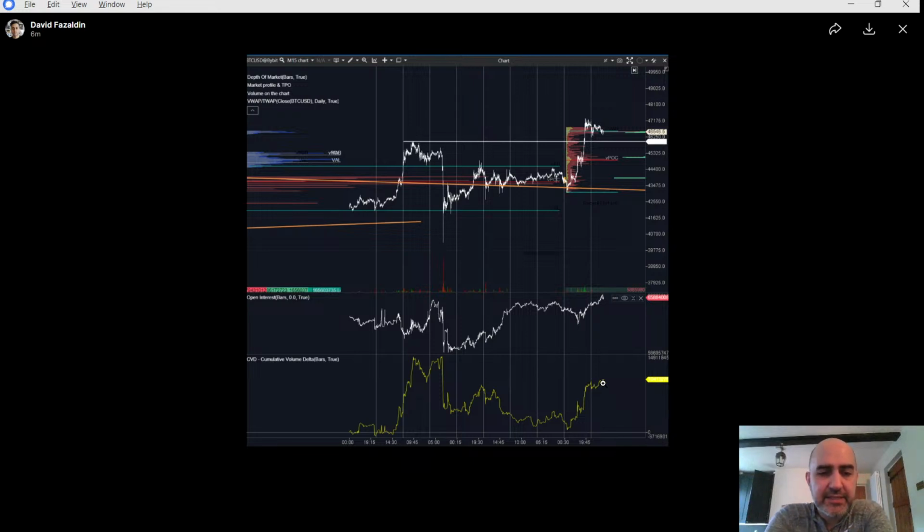CVD represents market volume, not limit, but market. And so when you've got market volume going up, but the price not following it, that's called divergence. Basically what it means is that market volume is being absorbed. The only way that market volume can be absorbed is with big limit orders.